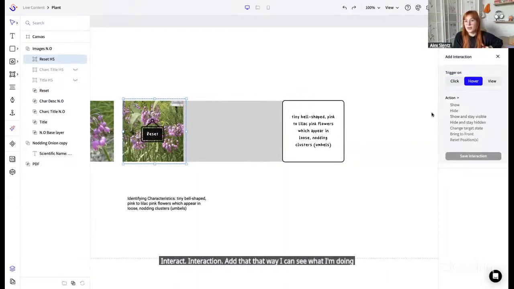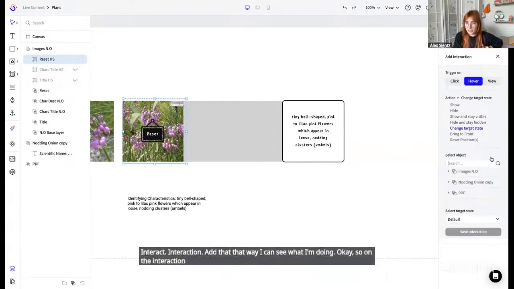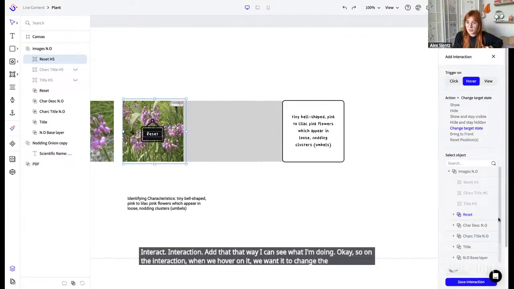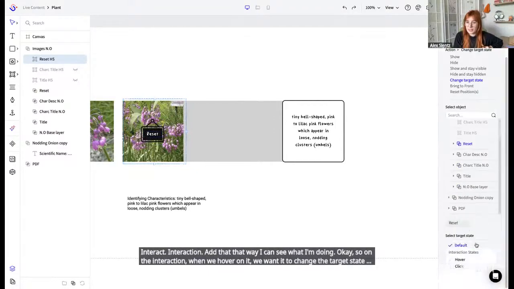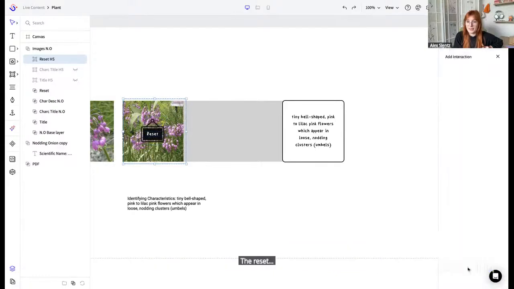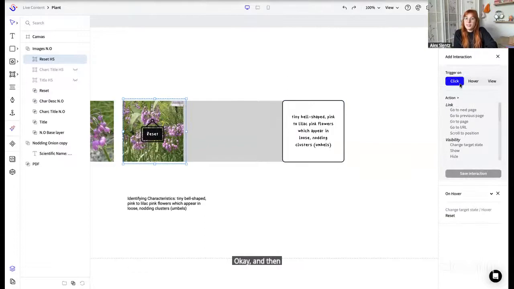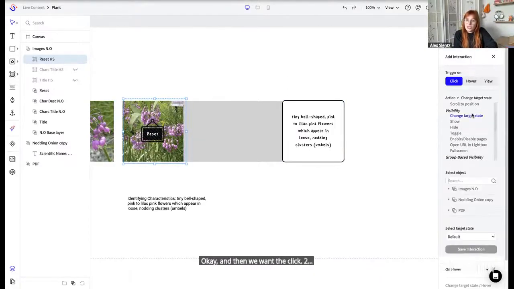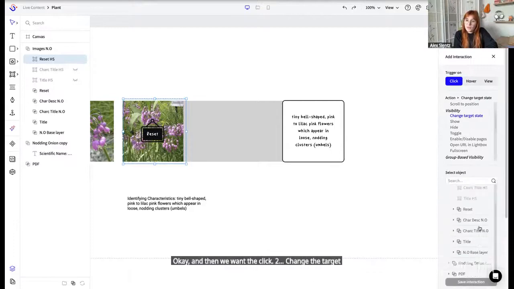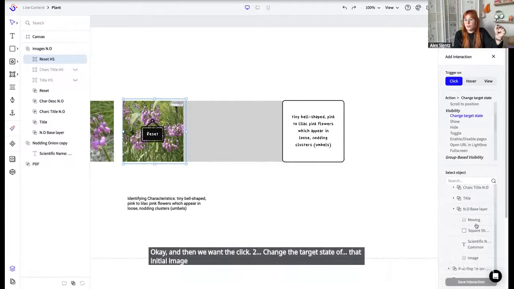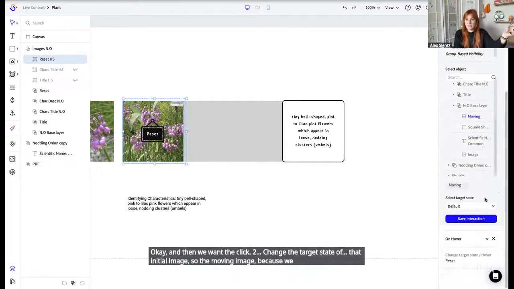Okay, so on the interaction, when we hover on it, we want it to change the target state of the reset. Yeah. Okay, and then we want the click to change the target state of that initial image, so the moving image, because we want everything to reset back to the way that it was.